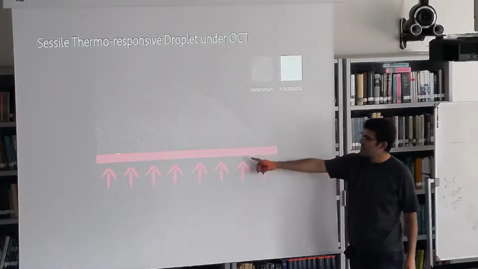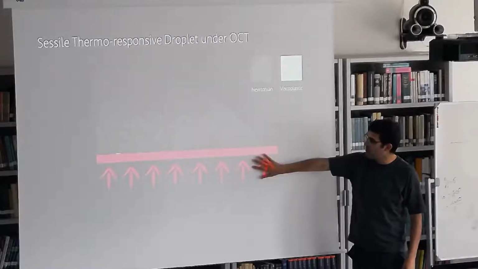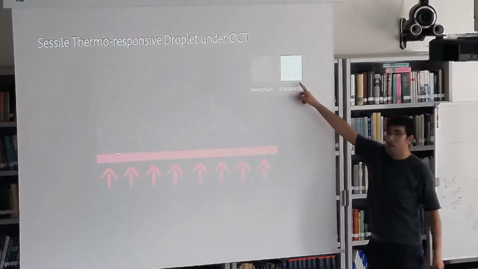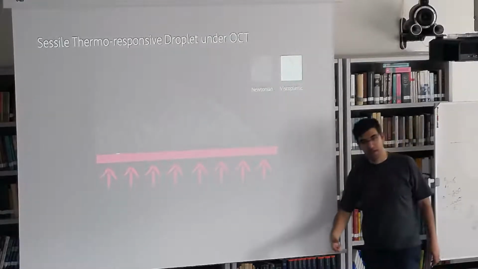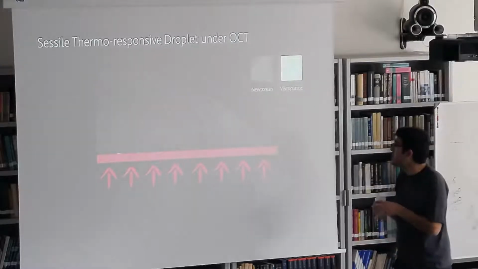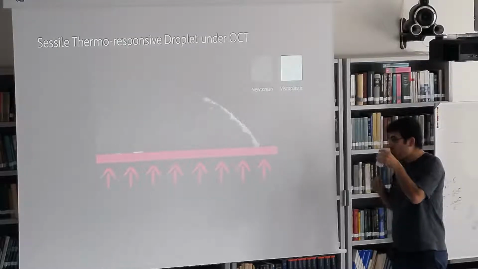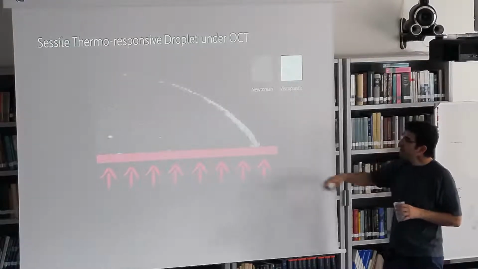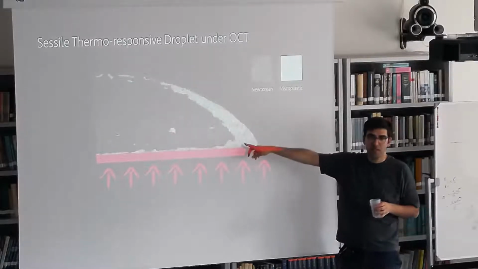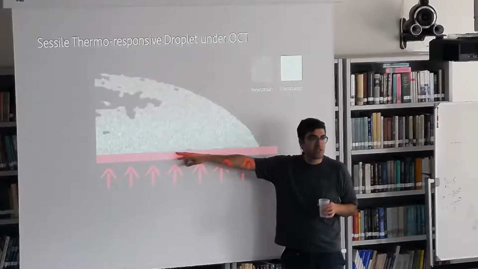So I'm gonna show you an example of a sessile droplet sitting on a heater. So I'm gonna heat it up from bottom. You see the interface already, and wherever goes white is wherever it turns to solid. So initially everything is Newtonian, and then you start getting a skein of solidified liquid at the surface, and at some point the heat conduction kicks in from bottom.